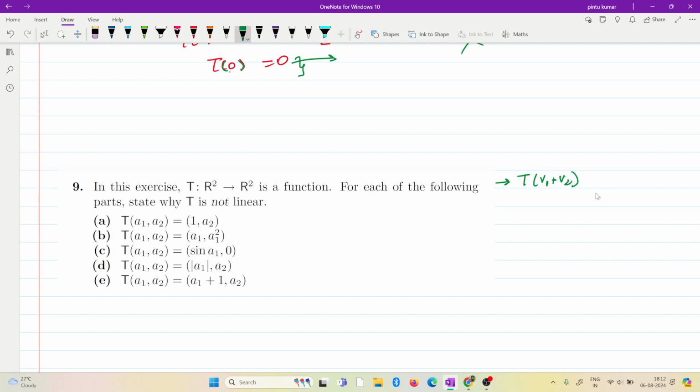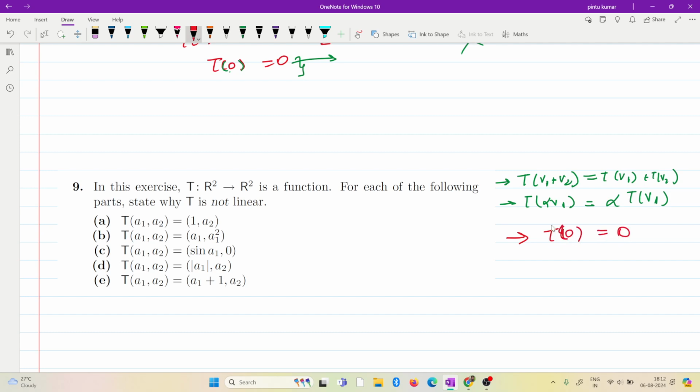What do you think about each of them, whether they are linear transformations or not? So T of v1 plus v2 should be equal to T of v1 plus T of v2, and T of alpha v1 should be equal to alpha times T of v1. And a bonus property that I gave you is that T of 0 should always be 0.